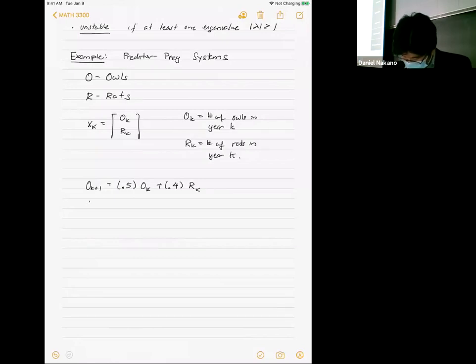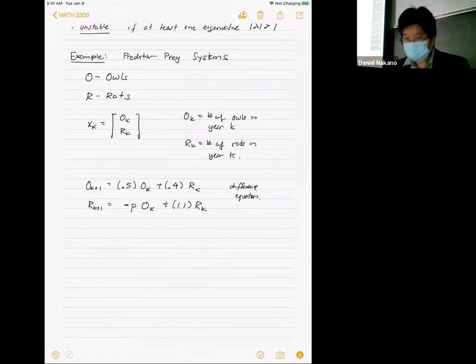And the number of rats in year k plus 1 is 1.1 times the number of rats, minus p times O sub k. All right, so this is the difference equation. In this problem, I'm not going to specify an initial value. We're going to let the initial value vary, so we're just going to work with the difference equation for now.